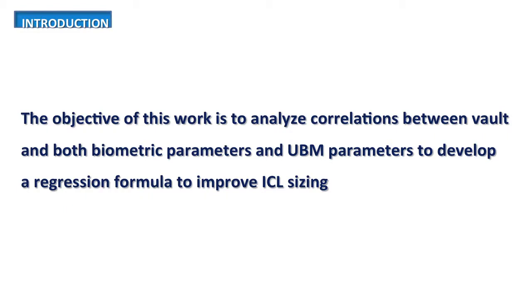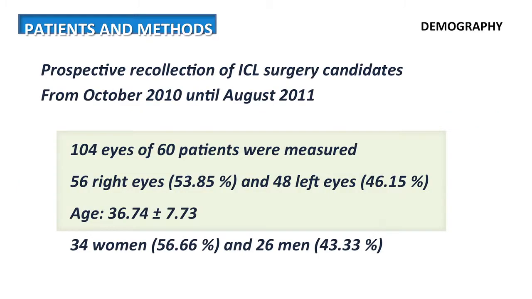The objective of this work was to analyze correlations between these parameters and develop a formula to improve ICL sizing. So this was the set of eyes that we collected from October 2010 to August 2011: 104 eyes of 60 patients.